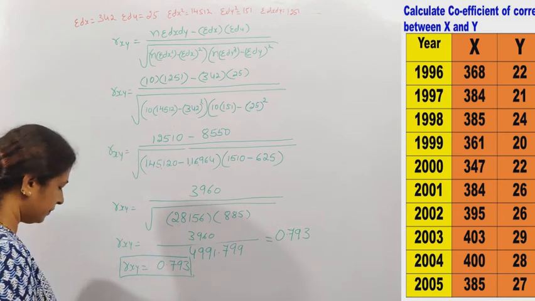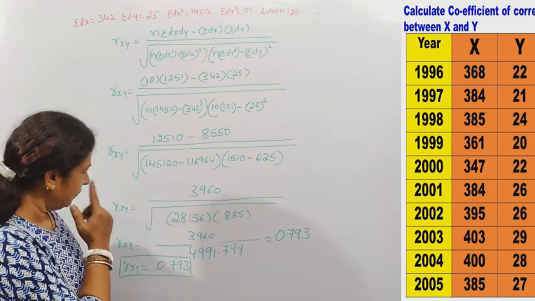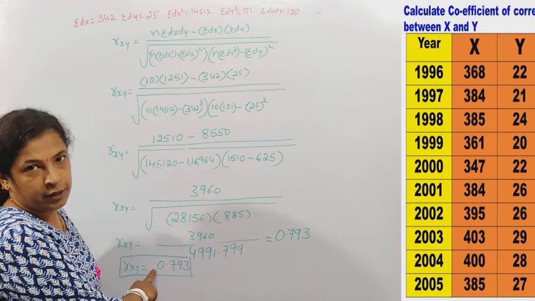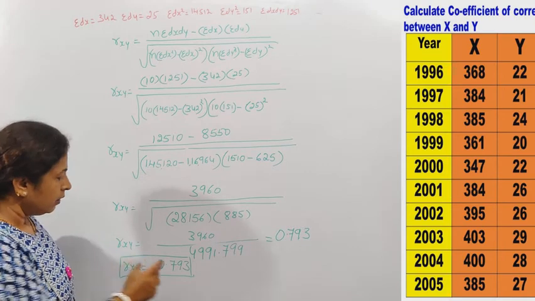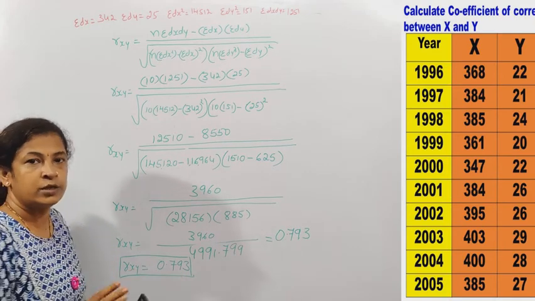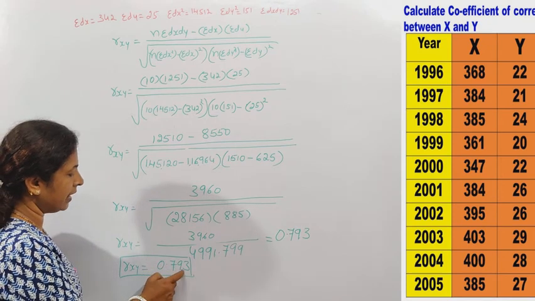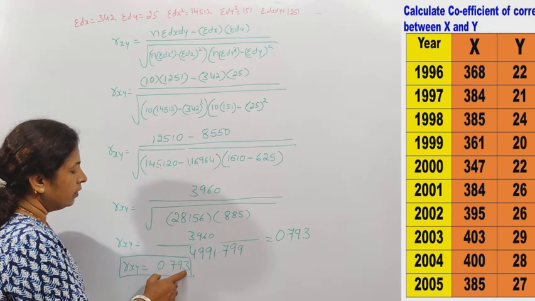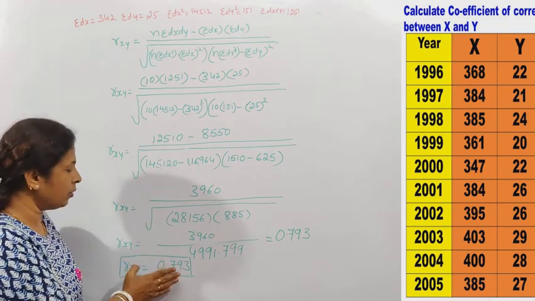This is the result. So from this you can write an inference like this: here you got a positive number. That means there is a positive relationship between the two variables. What is the number that you have to consider to decide the degree of relationship? Here the number is 0.793. So it is not a very high degree, it is actually a moderate degree.